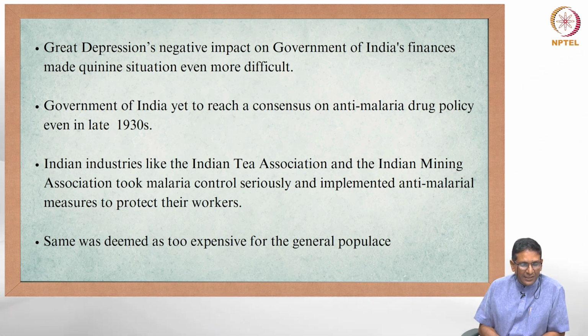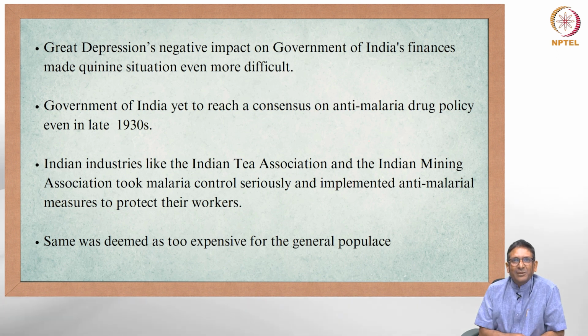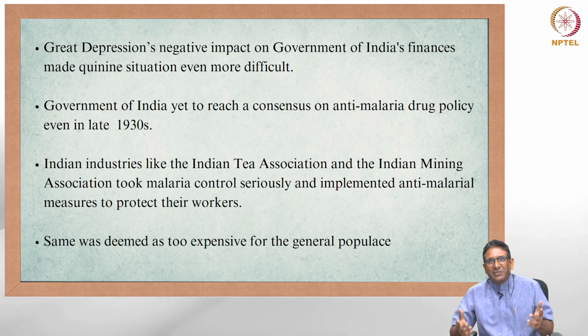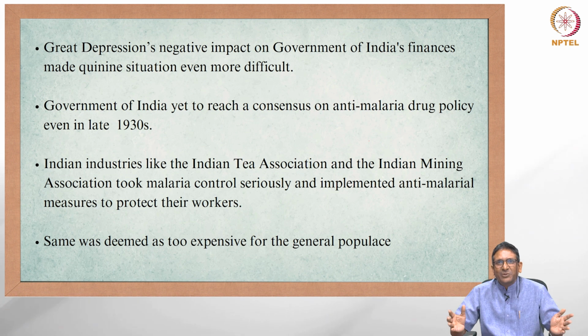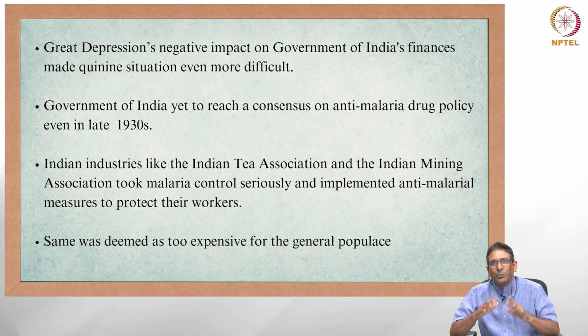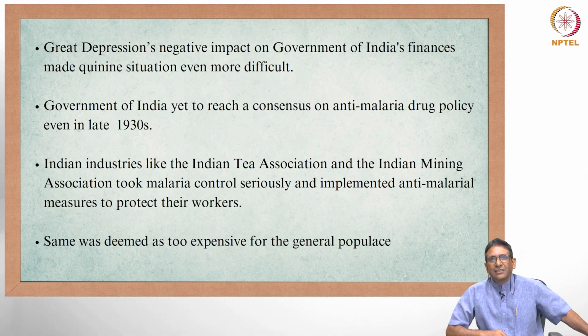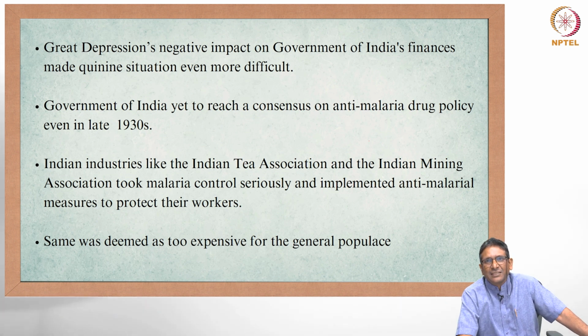Whereas on the one hand, Indian industries or industry related bodies like the India Tea Association, Indian Mining Association, took this very seriously because it involved their productivity, and they had workers in their own enclaves, and so disease spread could be more serious, and it was important to maintain constant health, and knowing that malaria was particularly fatal and serious.